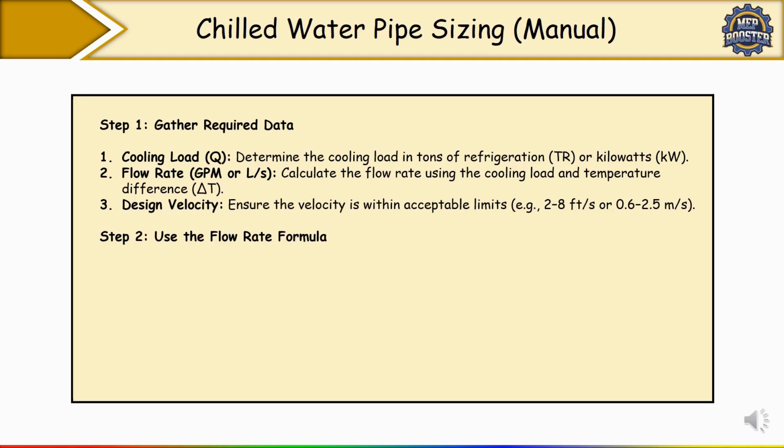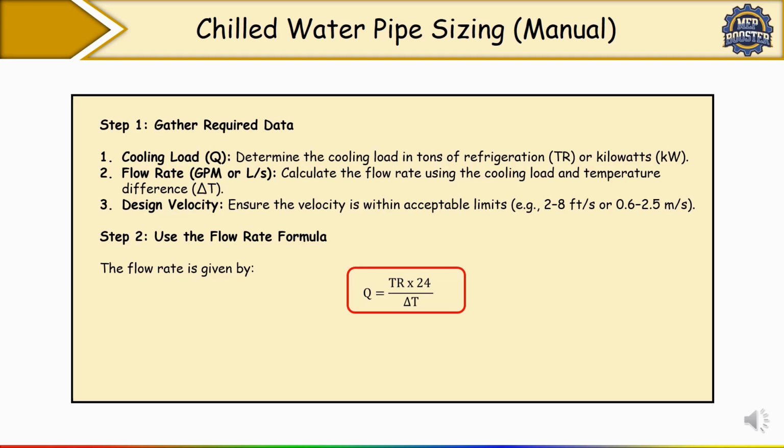Step 2 is to use the flow rate formula. All of you know for the evaporator side we have the formula Q is equal to TR into 24 by delta T. When you substitute the value of the cooling load, you will get the flow rate. Nearly for the evaporator side, the standard flow rate is how much?